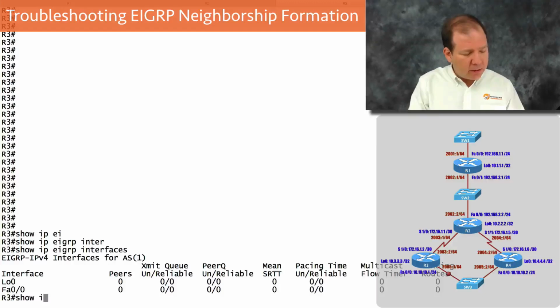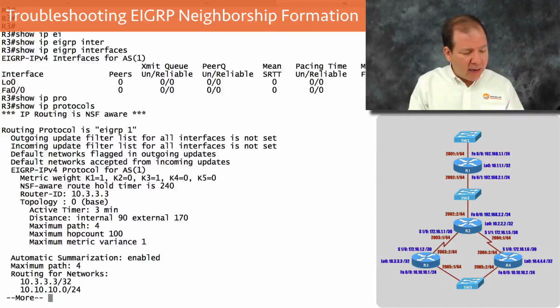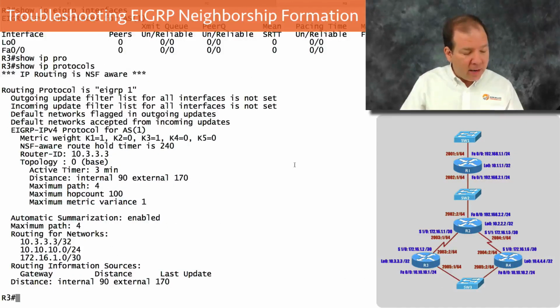Let's take a look. Let's do a show IP protocols. Am I at least routing for that network? It says that I'm routing for that network. Do you think that's what's going on? What would explain that paradox of the output saying, yes, we're routing for that network, but that interface is not participating?